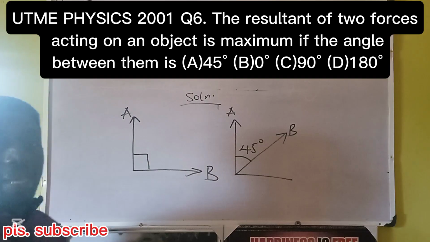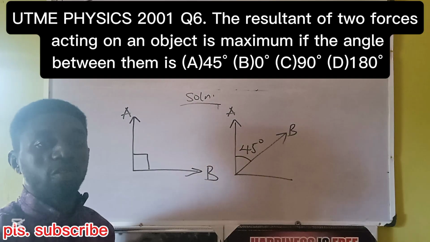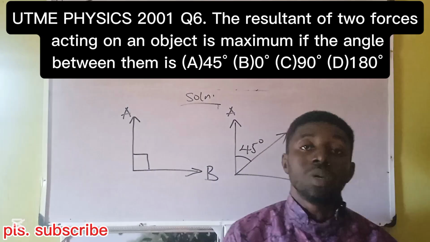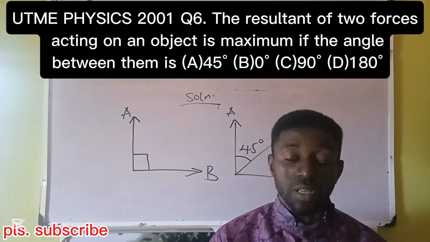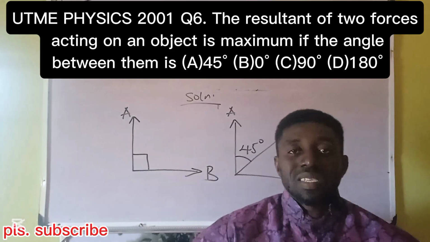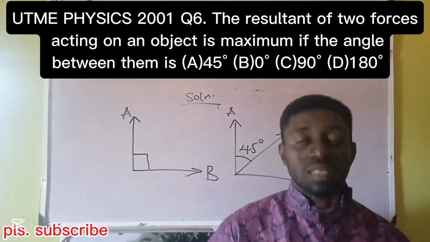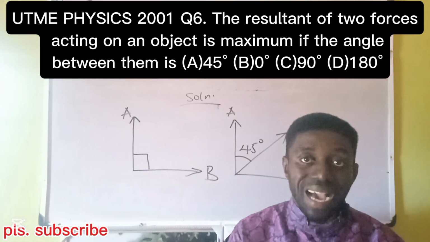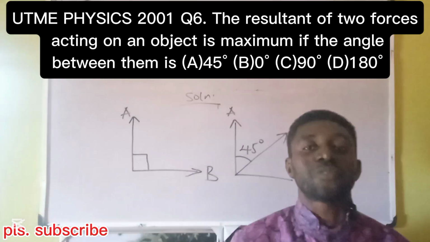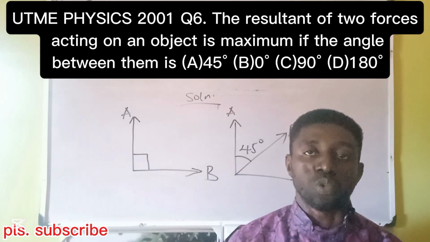Here we have two vectors, A and B, at an angle of 45 degrees. So the question targets to know, at what angle will these vectors or these forces give us the maximum resultant force? Where will the forces act together to give a greater effect? The best way to maximize forces is to make them have no angle between them.